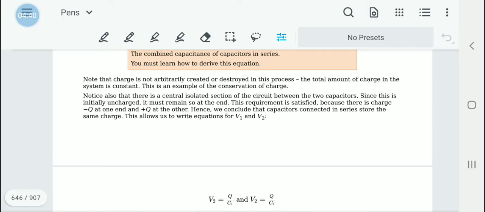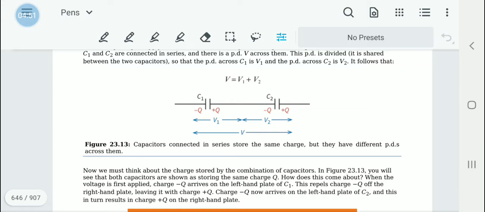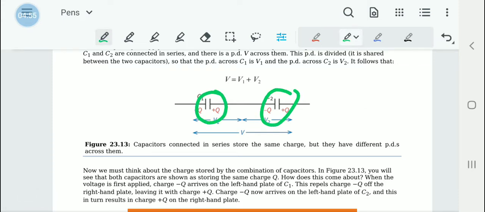That part simply allows the charge to go through without changing it. So as a result, the two capacitors are going to be equally charged. In other words, the charge that arrives at this point reaches this point. So this middle part is going to have no charge in the end.